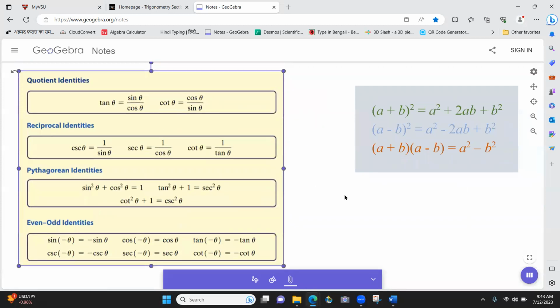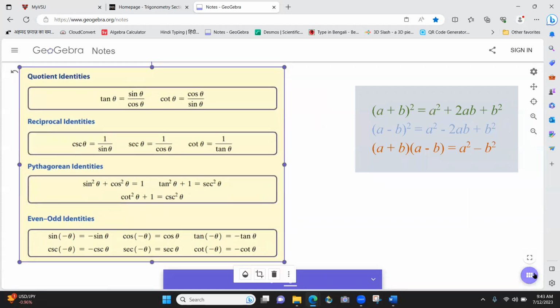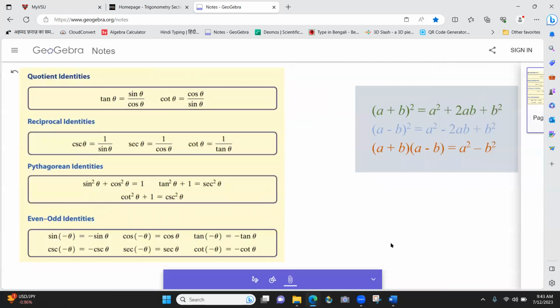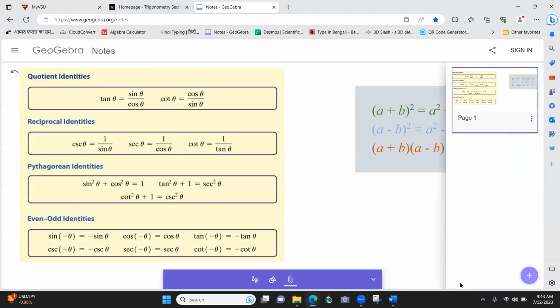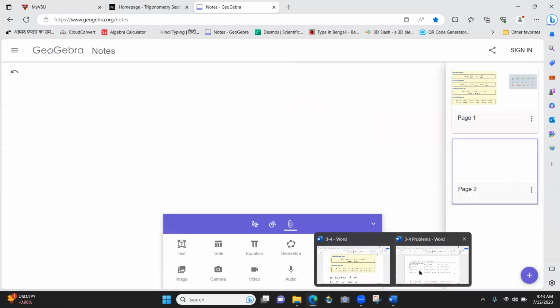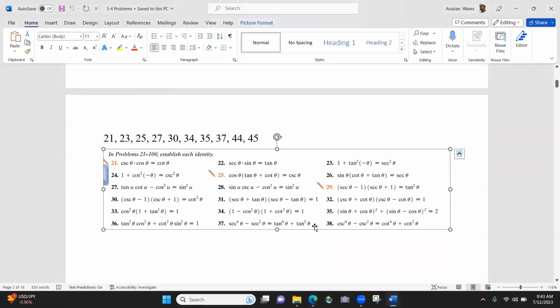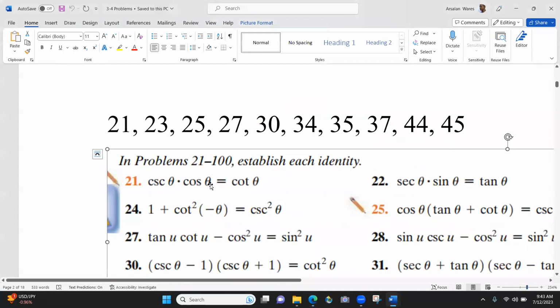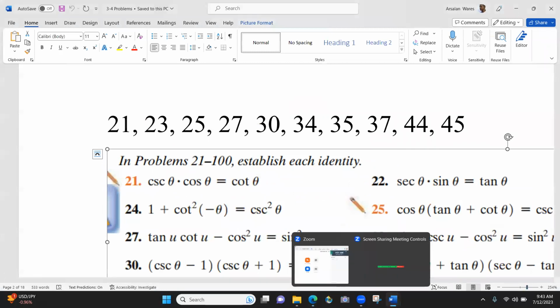Okay, I'm going to save them here in case I have to refer to them, which I probably will have to. I think we can jump right in, guys. Read the top. Establish each identity. How do we establish identities, guys? We show that the left-hand side is equal to the right-hand side.